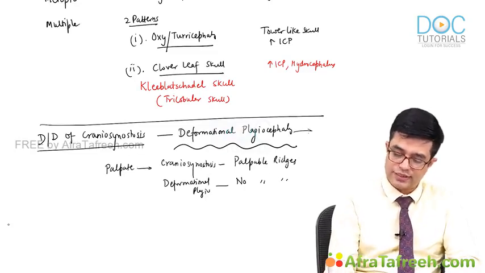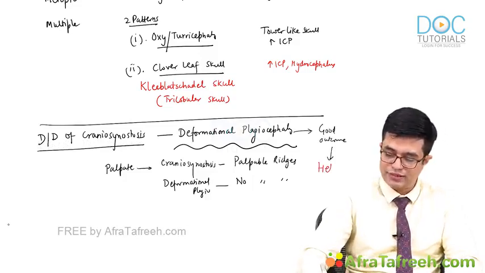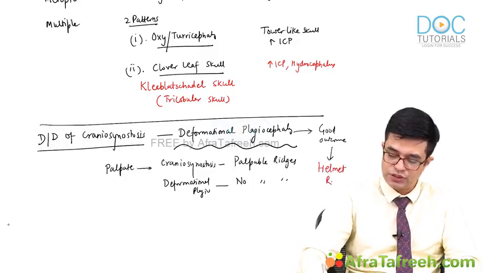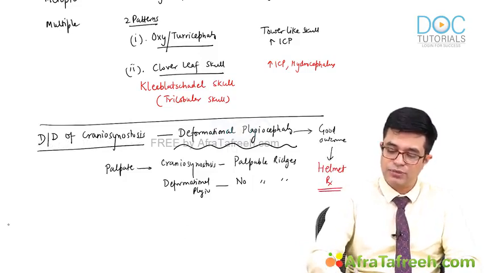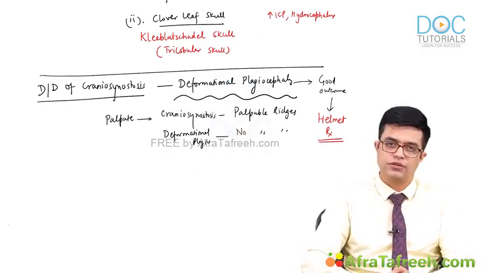This usually has a good outcome. Can a therapy be used? Yes, there is a therapy called helmet therapy, which can be used in patients of deformational plagiocephaly. It is a close differential diagnosis of craniosynostosis.